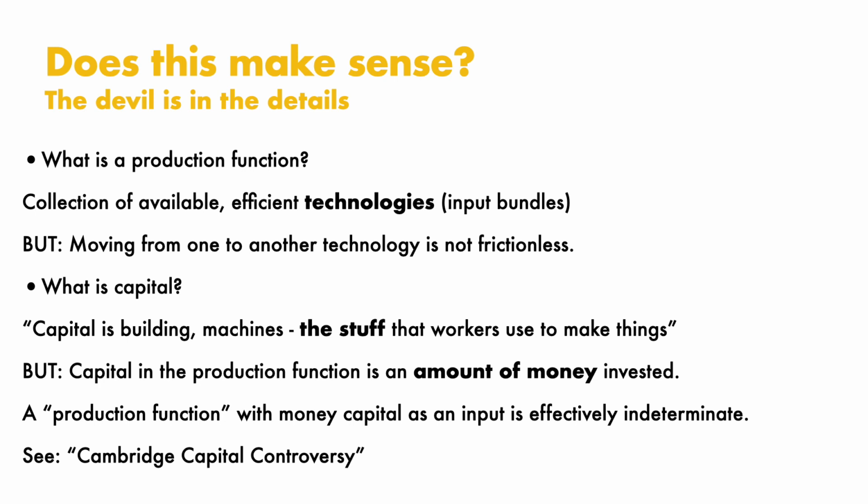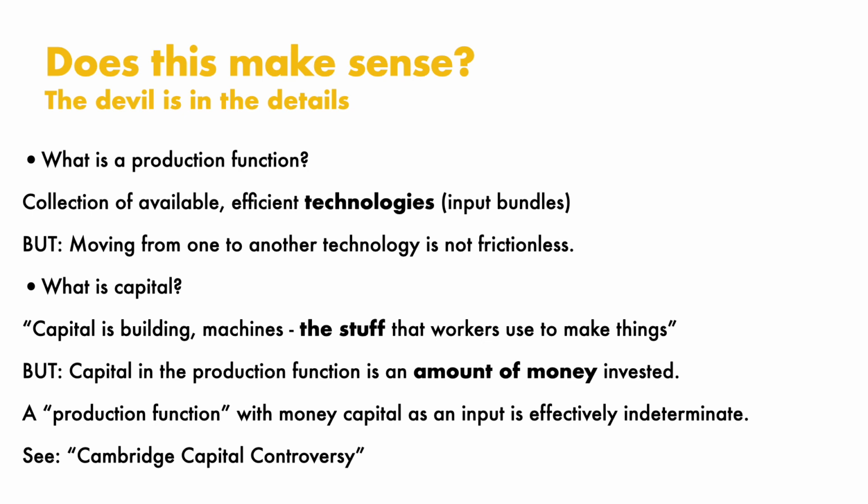The cost of capital is the interest rate, which is defined as a percentage on a certain amount of money invested, not on a certain amount of real capital. So the production function is not as tangible as Professor Gruber says it is. The tangible machines are in the background and are bought with the money capital that is shown in the production function.